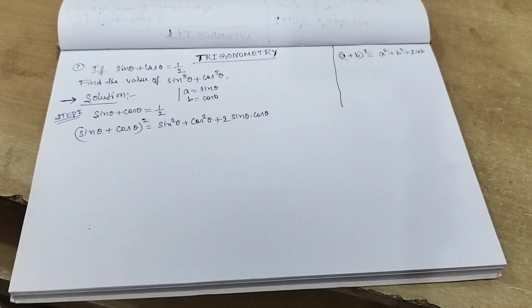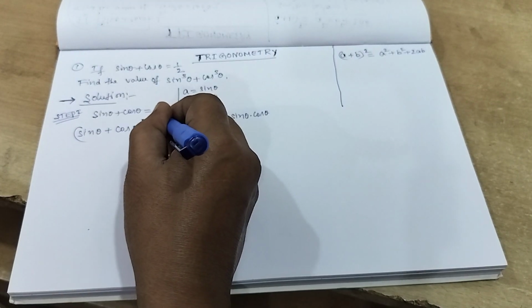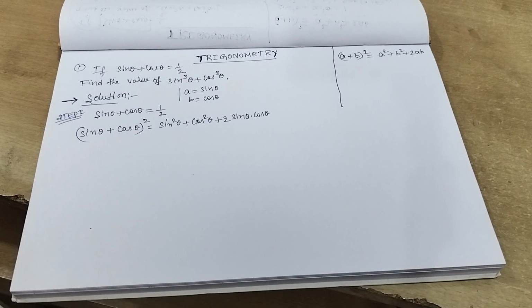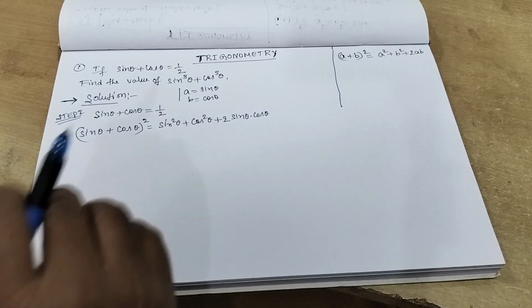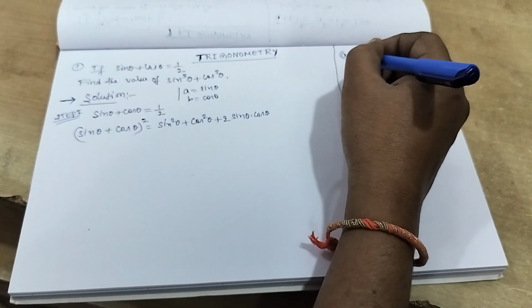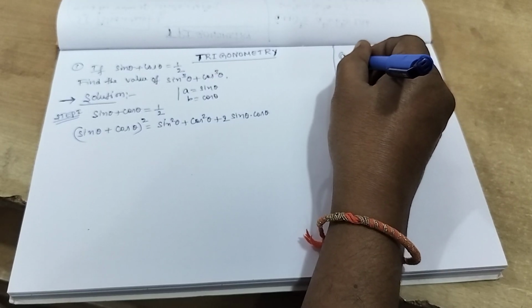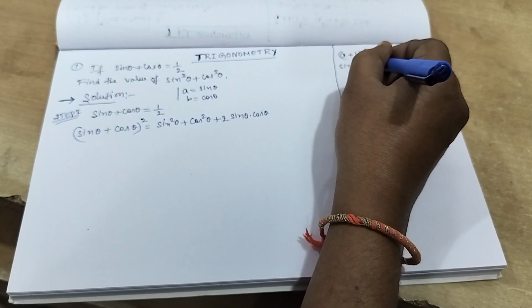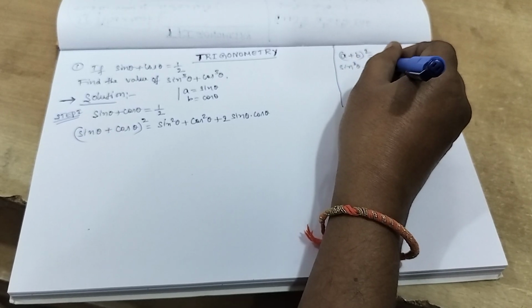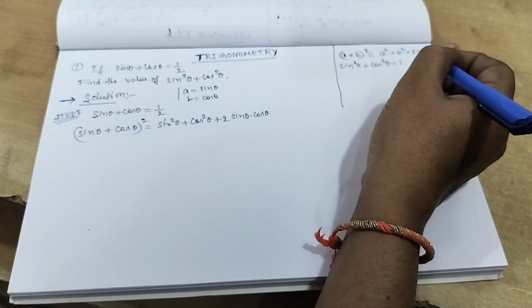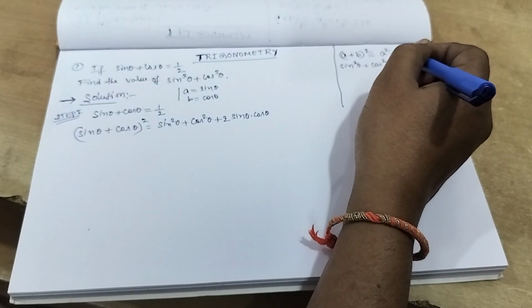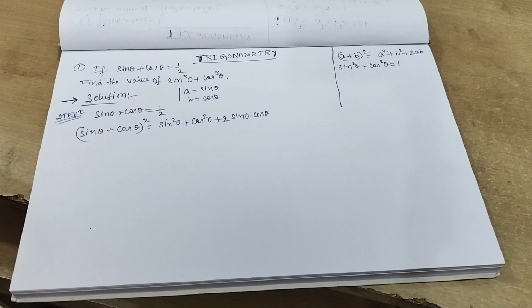After that, the second formula I'm going to apply is sine square theta plus cos square theta is equal to 1.